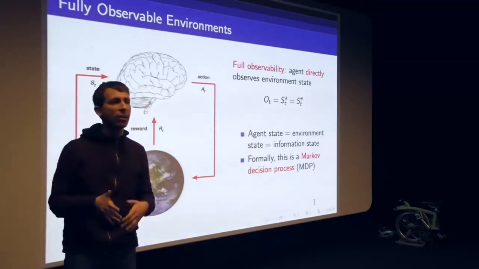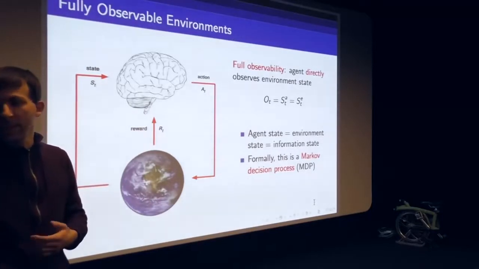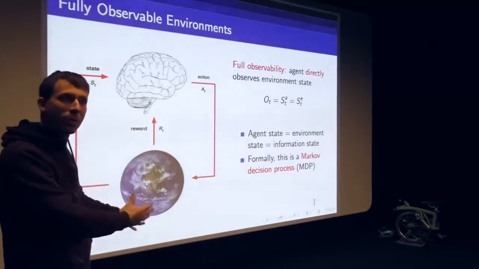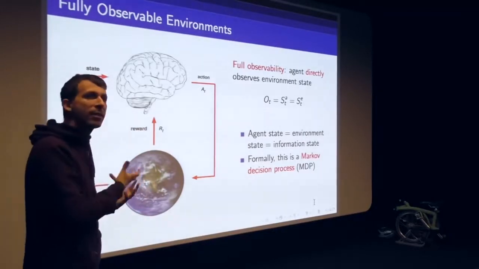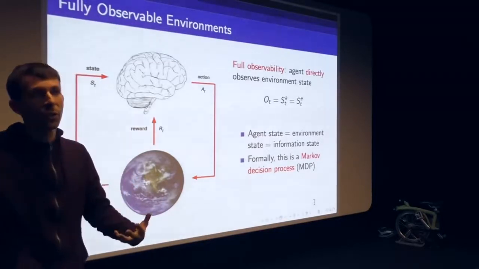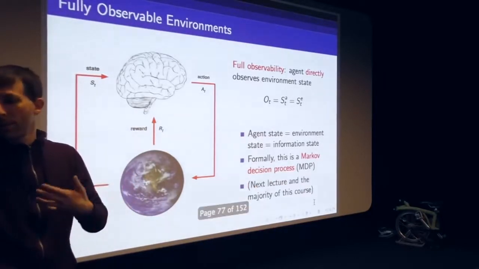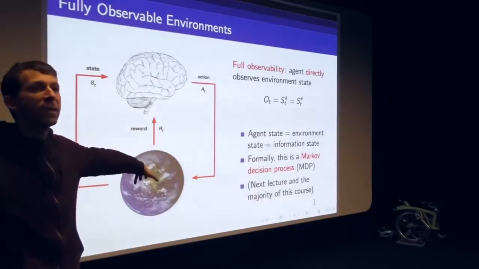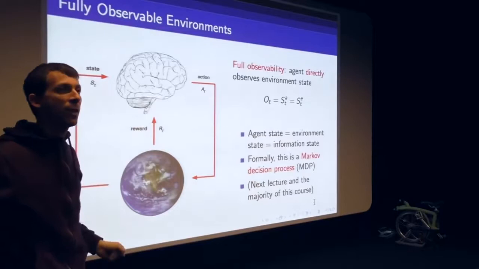And we'll spend the next lecture actually understanding MDPs in more detail because they're a really powerful tool. But I really want people, when we go through the rest of the course, to remember these ideas of state representation, because not everything is fully observable, and it's really crucial that we understand how to deal with these other very realistic problems. And luckily, the MDP formalism, which we'll develop, actually also helps us to deal with those cases too.